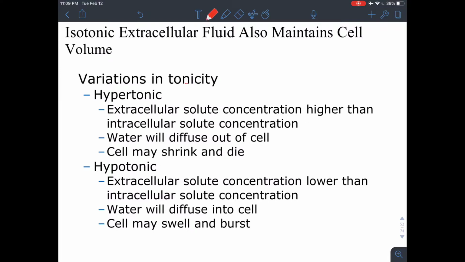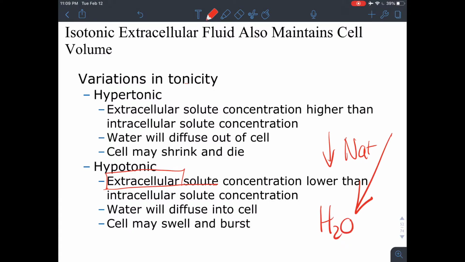All right, and then on the flip side, we can have a lower than normal salt concentration in the extracellular fluid, which means that the salt concentration inside the cell is higher than the salt concentration outside the cell. And so water will follow. Water will go inside the cell to try to even things out, and then you're going to see swelling.